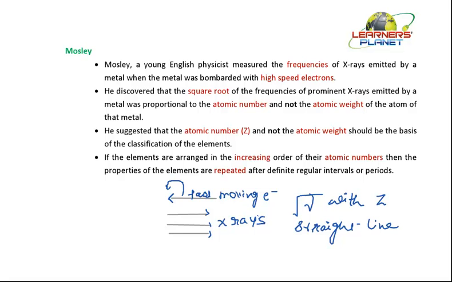Mendeleev arranged them according to their weights, Moseley arranged them according to their atomic numbers, and he has evidence that the properties depend on the atomic numbers. Now let's see how he arranged these elements.